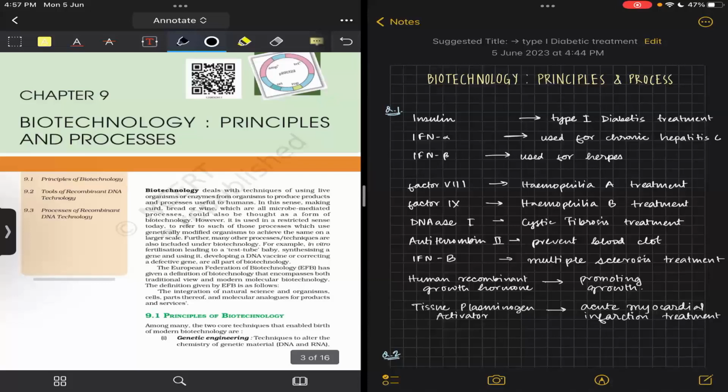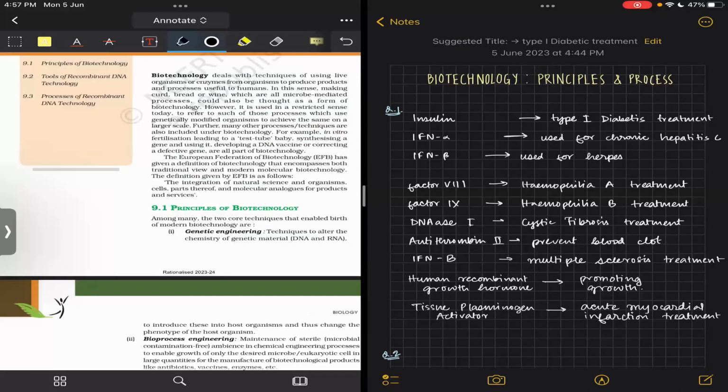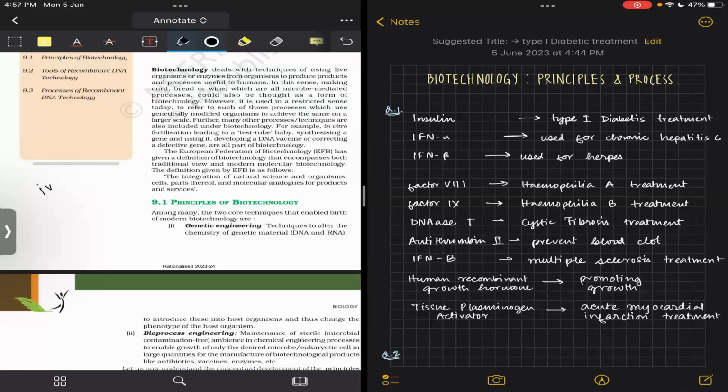What is biotechnology? In biotechnology, we actually deal with recombinant DNA technology, where we genetically modify a DNA and then genetically modify an organism, and then we get the product that we want. For example, insulin. Earlier we used to take insulin from cattle and inject it into humans, and that had a lot of problems.